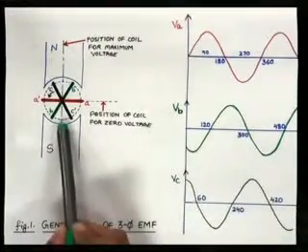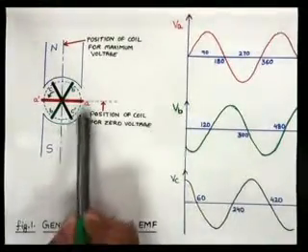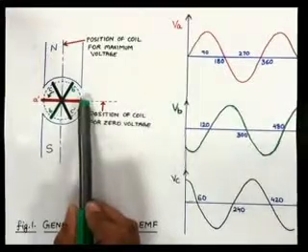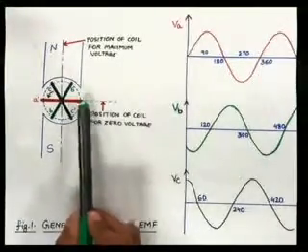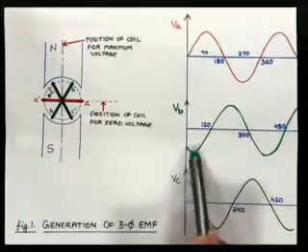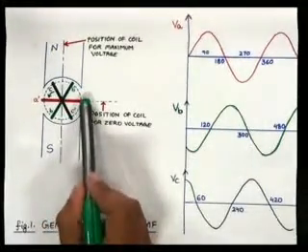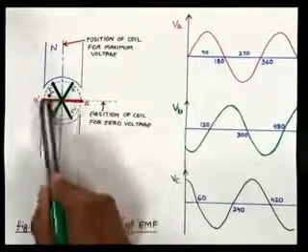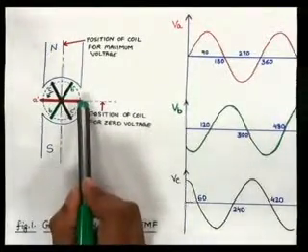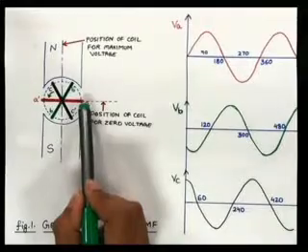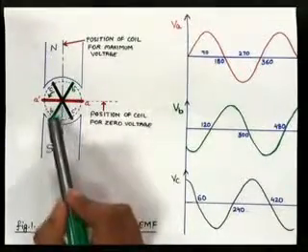Then for further rotation, that is from this instant to here, what will happen? The rate of change of flux linkages decreases, the EMF starts decreasing, and when it comes to this position, that your coil BB dash is in the horizontal plane, the rate of change of flux linking with this coil is 0.